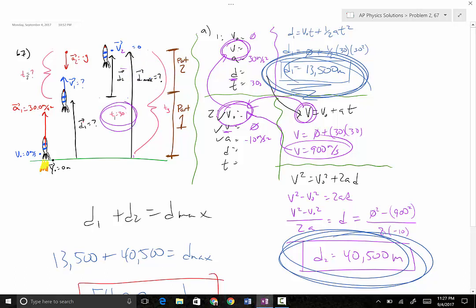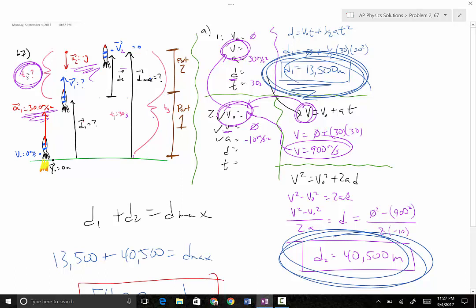Well, I know for the first section, it's there for 30 seconds. And then when it starts in free fall, I don't know how long it is in the first part to where it stops accelerating at 30 meters per second squared and starts to accelerate at negative 10 meters per second squared.